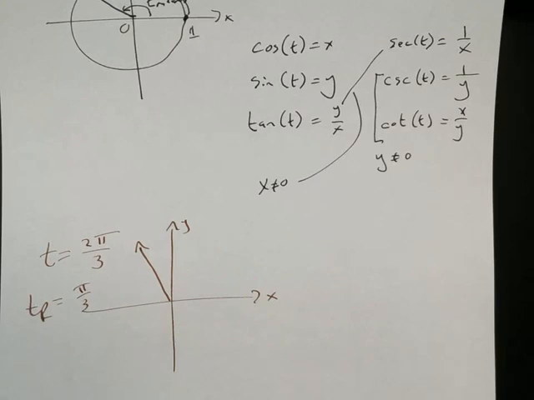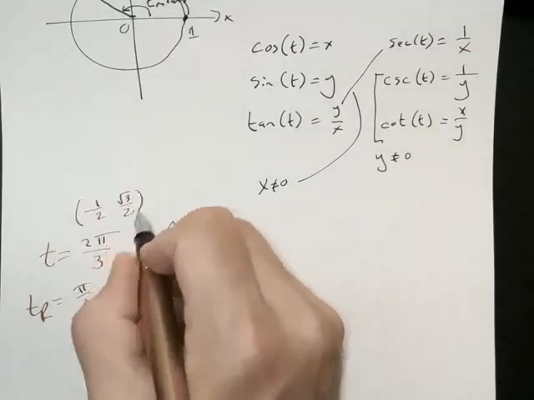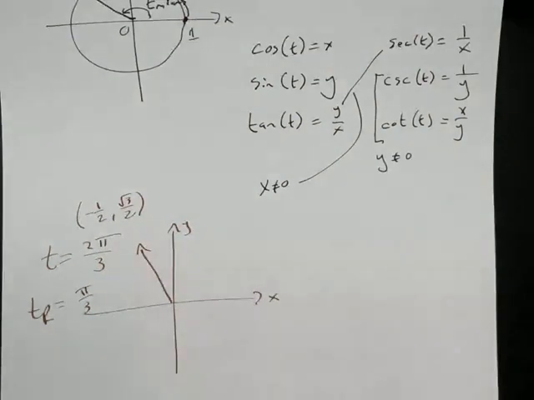The cosine and sine numbers, the x and y, that go with that are negative 1 over 2 and square root of 3 over 2, and we know that the x is negative because we're in the second quadrant. If you were looking at the reference numbers, you'd have 1/2 and root 3 over 2. But now that means I've got an x and a y, which means I have all the rest of my trig functions.